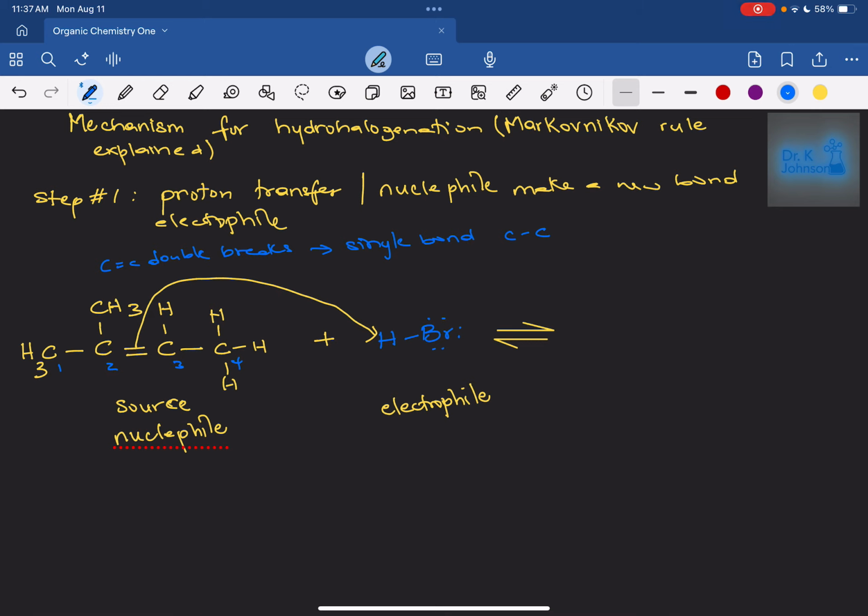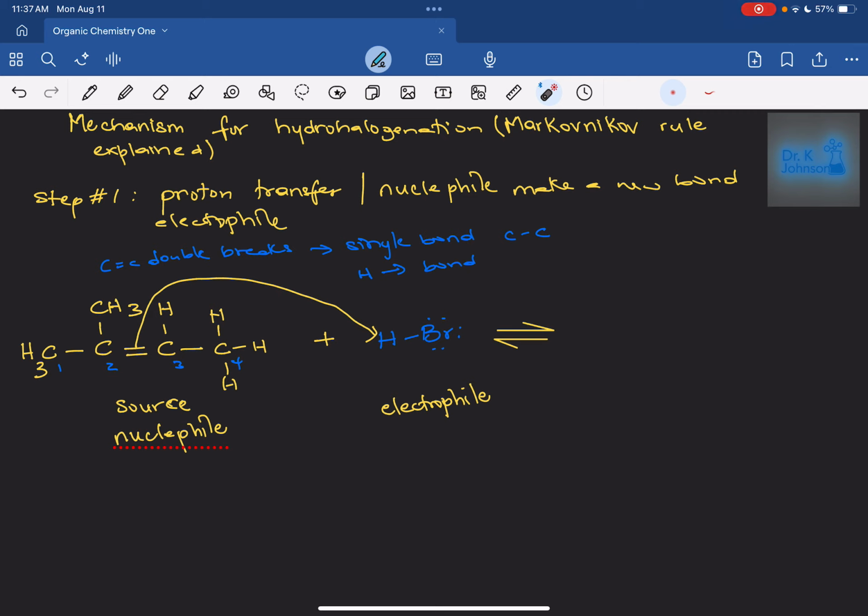And it also is indicating that the hydrogen is going to bond. And in this case, your hydrogen is going to bond to carbon number 3 based on Markovnikov's rule, right? Carbon 3 has one hydrogen. Carbon 2 has no hydrogen.